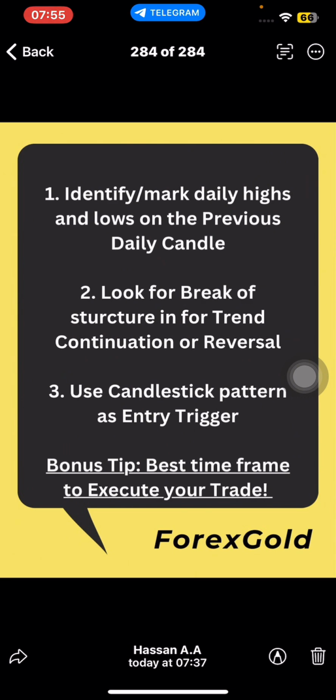There is always huge liquidity in between the daily highs and the daily low. That is the reason why we use this trading strategy in order to scalp the market, analyze the market, and take a good entry trading Boom and Crash.